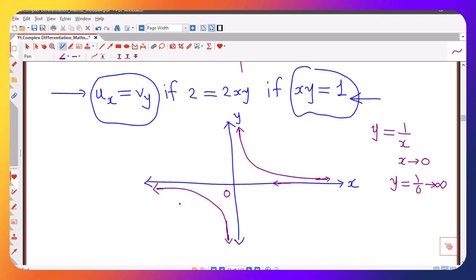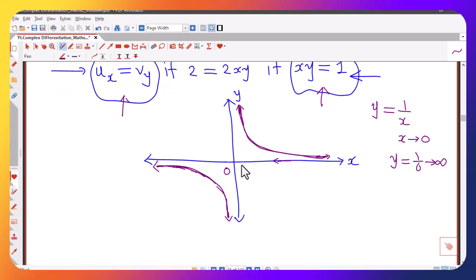Same thing for this part also. We are interested in visualizing in which part of the complex plane this equation is satisfied. So this equation is satisfied at all those points which are on these two curves. These two curves represent this rectangular hyperbola, or we can say this is a single curve having two branches in the first and third quadrant.